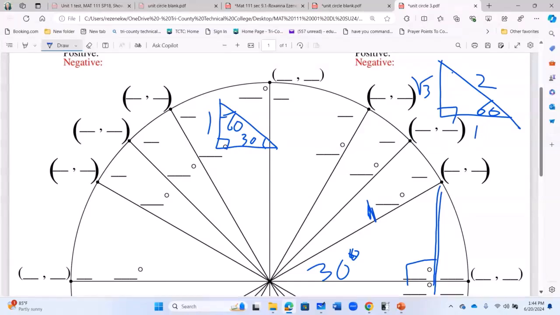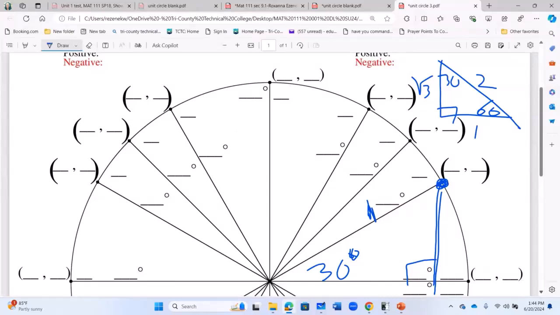This is a special right triangle. I want to make sure I put 30 here too. This is 30.